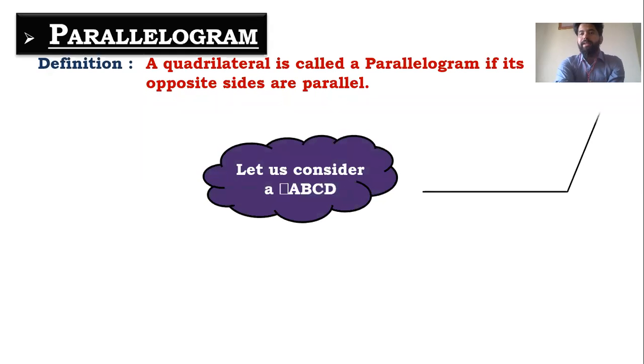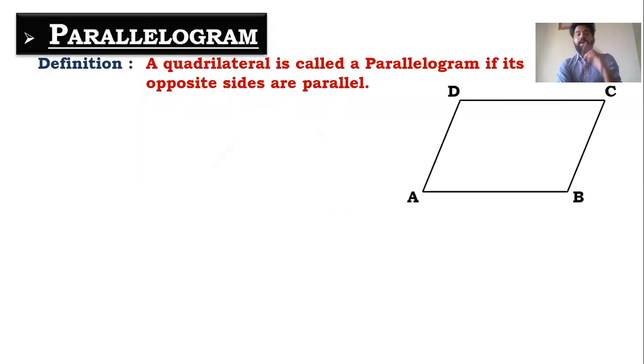You make a quadrilateral ABCD. Who can tell me which are the opposite sides in this? Okay, Virat. Sir, the lines DC and AB are opposite sides.